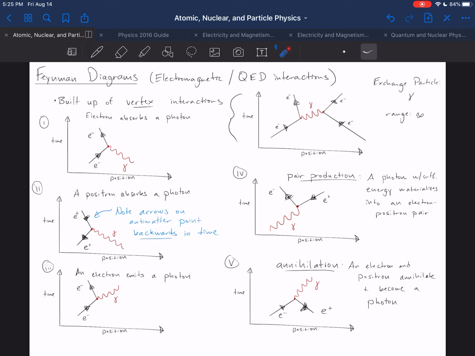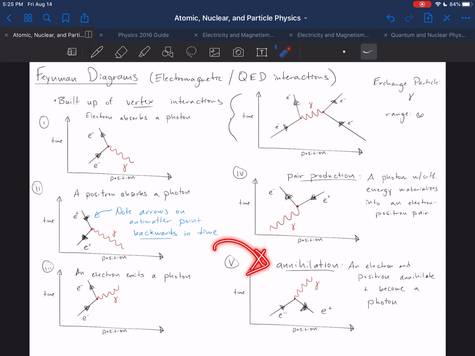So if you have two photons coming in, they can interact in a number of vertex interactions to become an outgoing electron and positron. And this happens. A photon with sufficient energy can materialize into an electron and positron pair. Notice you need both.